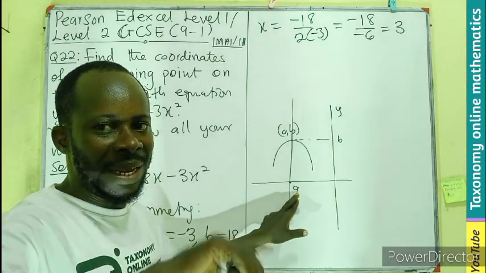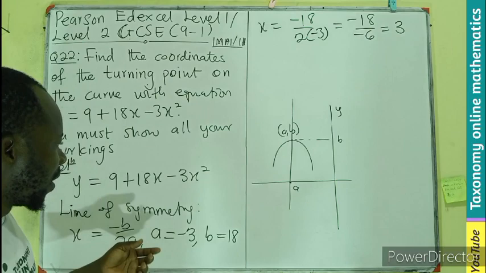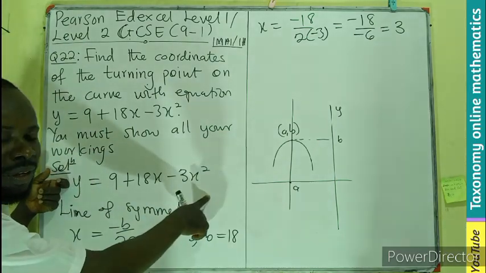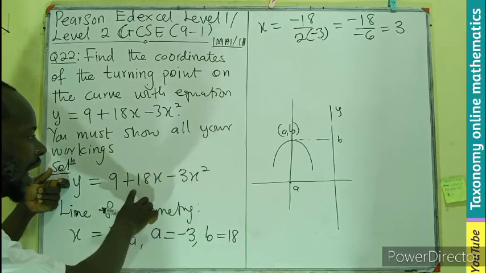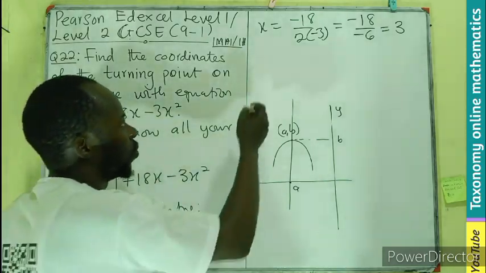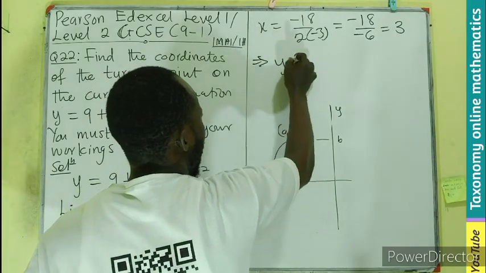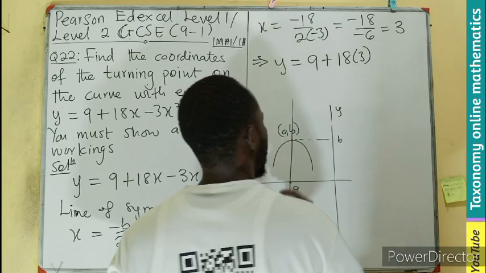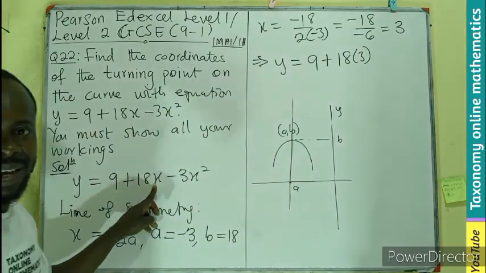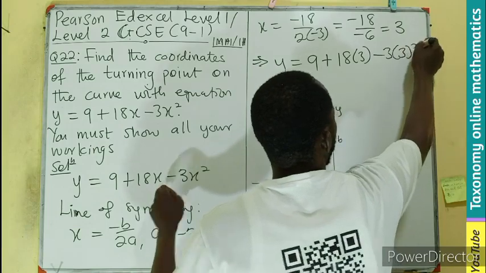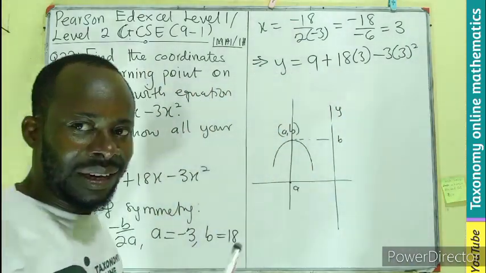How do we find the B, the corresponding value on the y-axis? You can see y is equal to this. So if I substitute the value of x into this, I'll get the y coordinate. So y equals 9 plus 18x, and what is x? x is 3, minus 3x squared, with x as 3.